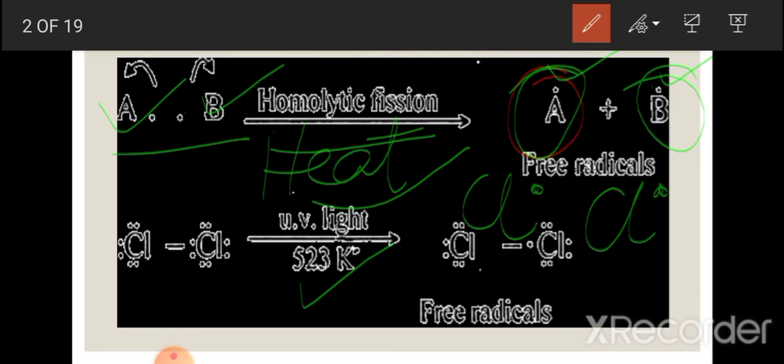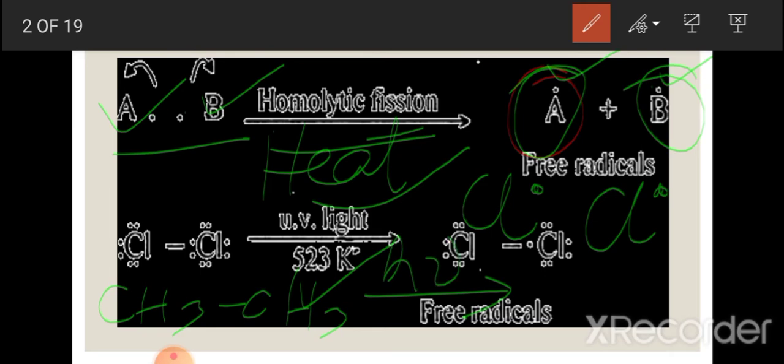And if I take another example, two methyl groups, CH3-CH3, it gives CH3 dot plus CH3 dot.